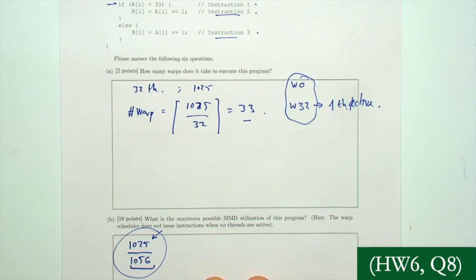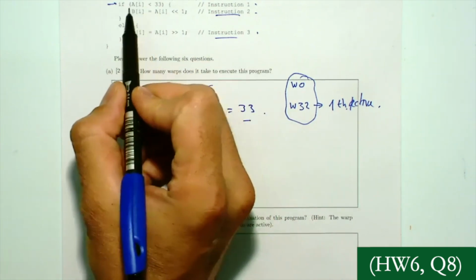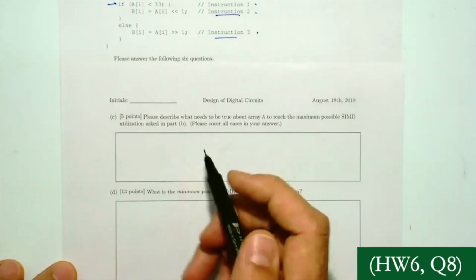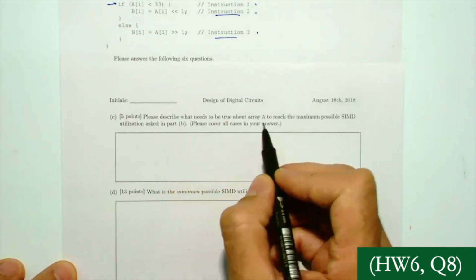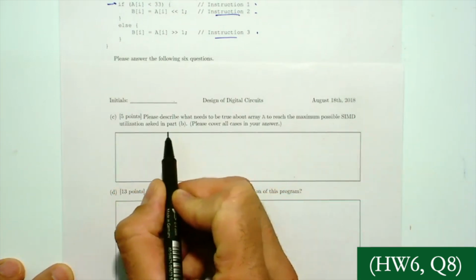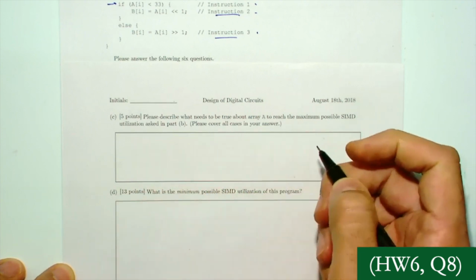And now the question is, what should be true in this array A for this maximum utilization to happen? That's what part C asks. Please describe what needs to be true about array A to reach the maximum possible SIMD utilization asked in part B. And it says, please cover all cases in your answer.